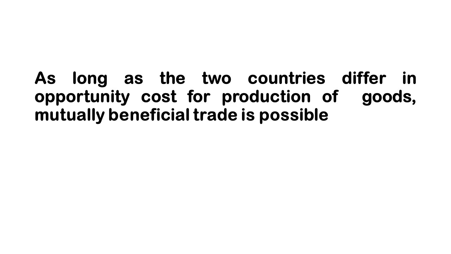England has lower opportunity cost in the production of cloth, so it has a comparative advantage in the production of cloth. So as long as the two countries differ in opportunity cost for production of goods, mutually beneficial trade is possible. So according to comparative advantage theory, each nation has to specialize in the production of the commodity of its comparative advantage. Through specialization and exchange, mutually beneficial trade is possible.